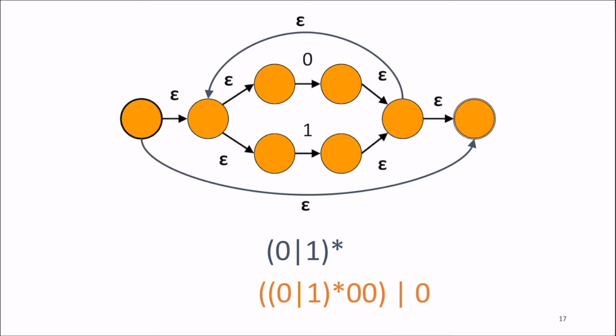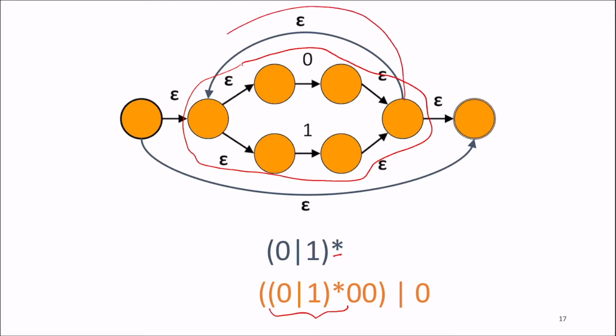If I want to do (0 or 1) star, which is this part of the original regular expression, then if you remember, we started off with this, here was the original NFA for 0 or 1, and then I take this transition over here on an epsilon that does repeated loops and produces either 0 or 1 as many times as I want.